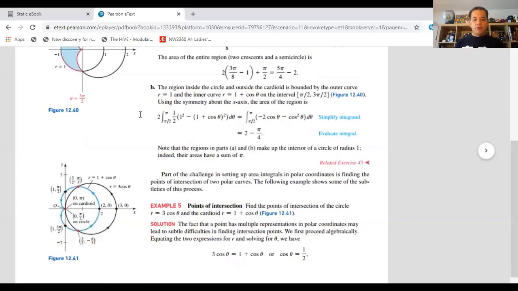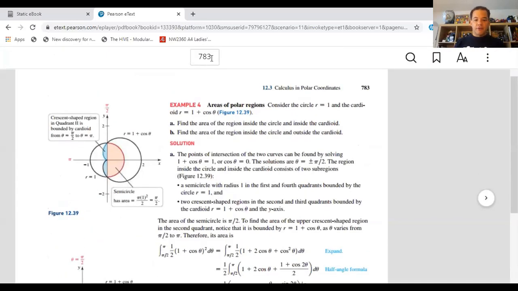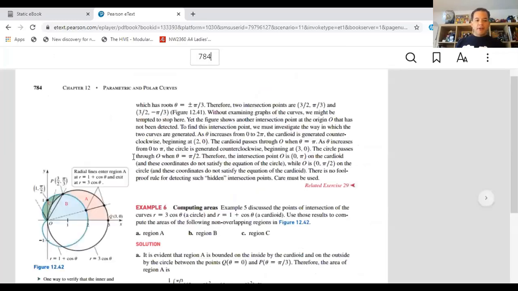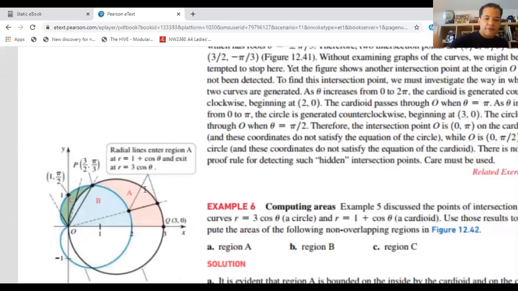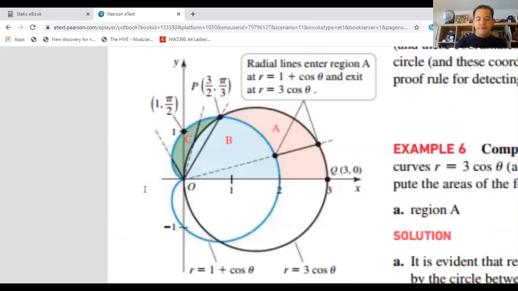Instead, I want to do example 6, which is on the next page. So let's go to the next page and do example 6. So we're still going to have two curves. This time, again, a circle and a cardioid, although now the circle is a little bit different. And there's a variety of problems here. So let me show you the graph right there.